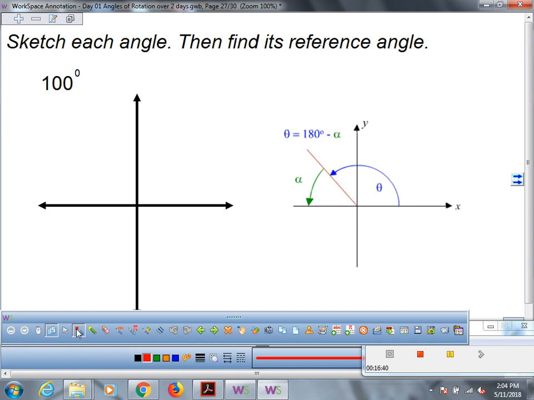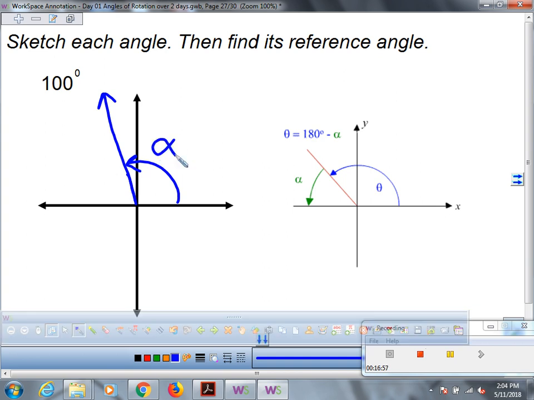So this is how we do this. I'm going to draw my theta. My theta is 100, so that's 90 degrees plus 10 more. So theta equals 100 degrees. I want the distance back to the x-axis.